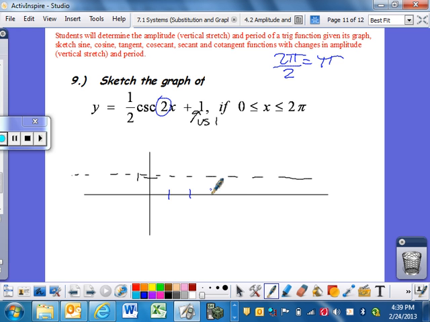Alright, 1, 2, 3, 4, and I'm going to go 1, 2, 3, 4 more, because it says from 0 to 2 pi, and 1 cycle here is only pi units. So I'd have to go 2 cycles to get to 2 pi. So these are going to be pi over 4 units apart. Alright, so I have all my increments lined up.